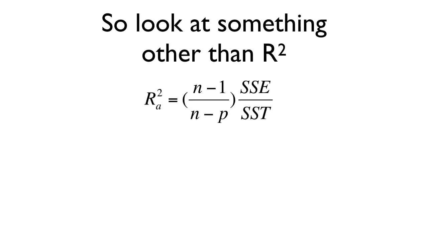So we have something here. I'm never going to ask you to reproduce this for me. I'm telling you what this thing is. Adjusted R squared is weighted by the number of observations and the number of variables in the model. So it's adjusted R squared. It can go up or down.